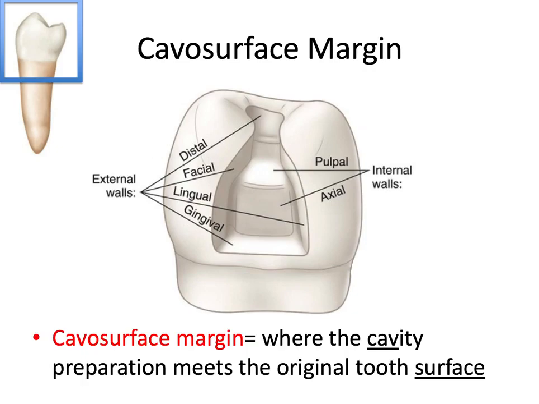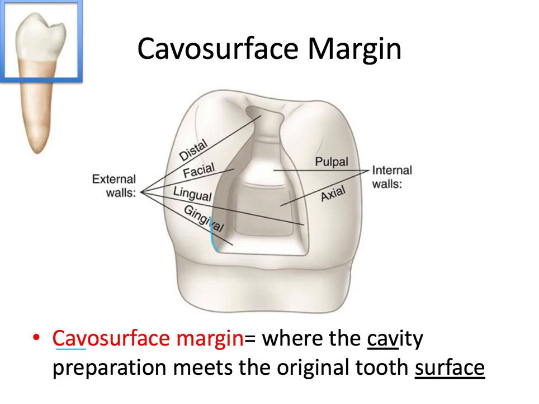So this is a really important concept to understand, and it's where the cavity preparation meets the original tooth surface, hence the name cavo for cavity and then surface for the tooth surface. So let me show you what that looks like in this image.